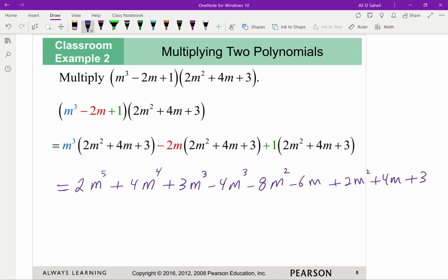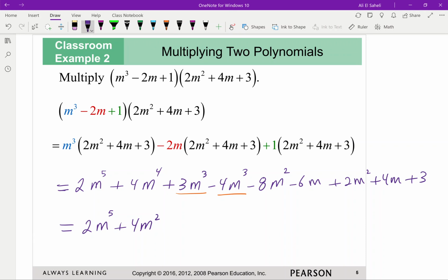And now we collect like terms. This is the only term that is raised to the power 5, so we have 2m to the power 5. This is the only term that is raised to the power 4, so it stays the same. And now we have this term and this term raised to the power 3.